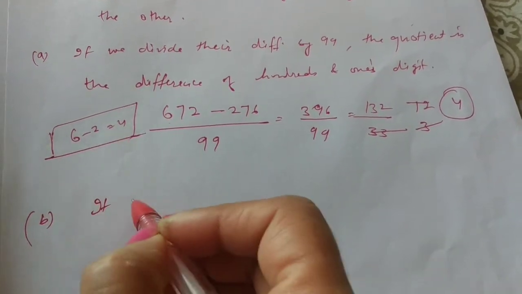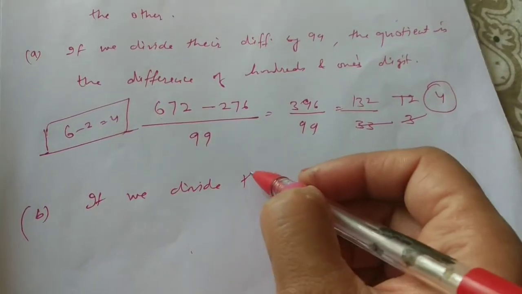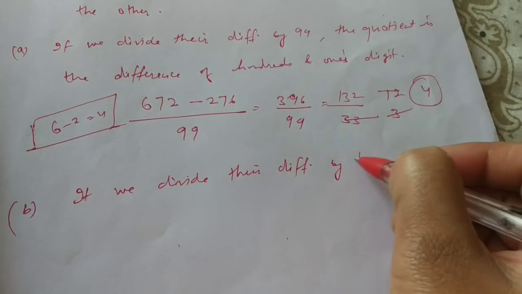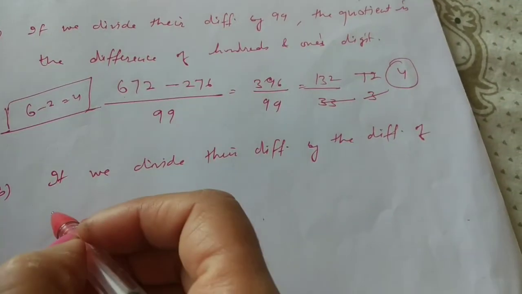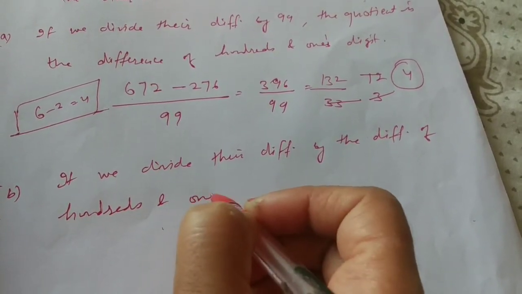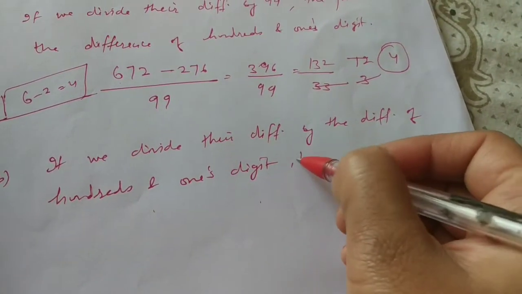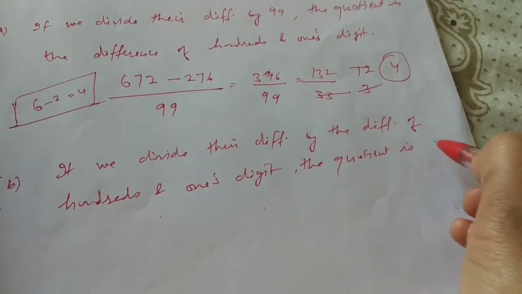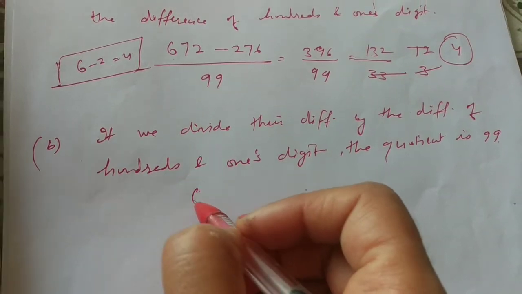B part is: if we divide their difference by the difference of hundreds and ones digit, the quotient is 99. So how would we solve it?